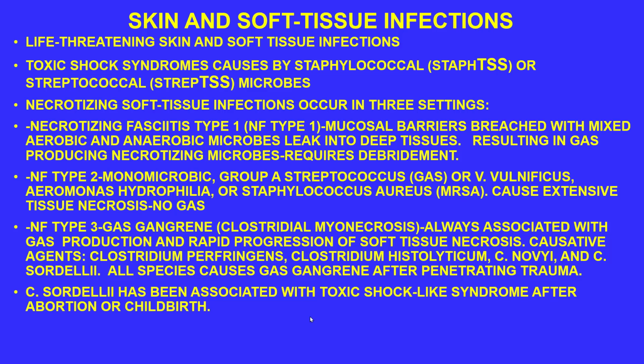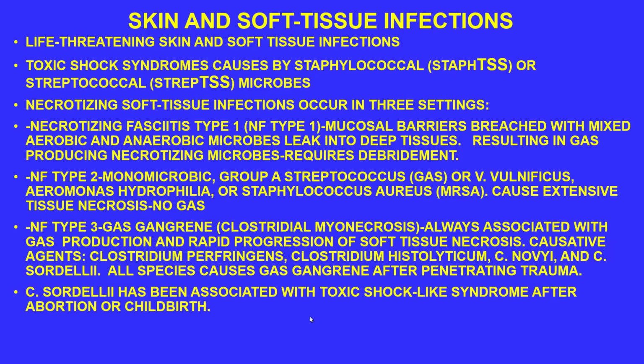Okay? Now, what about NF type 3? This is gas gangrene. It is caused by a clostridial organism, and it's going to cause myonecrosis, meaning the destruction of muscle tissue. It is always associated with gas production, with rapid progression of soft tissue necrosis.